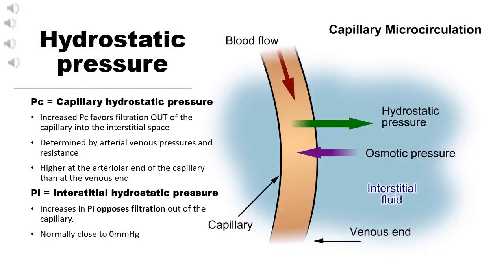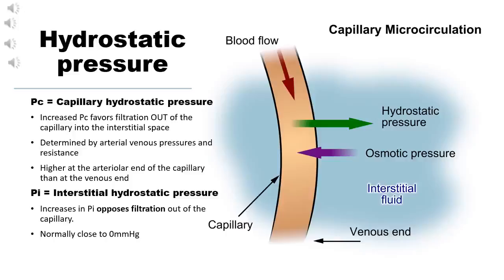Now that that's out of the way, when capillary hydrostatic pressure is increased, remember, it's going to favor filtration out of the capillary and into the interstitial space. So capillary hydrostatic pressure is favoring filtration.